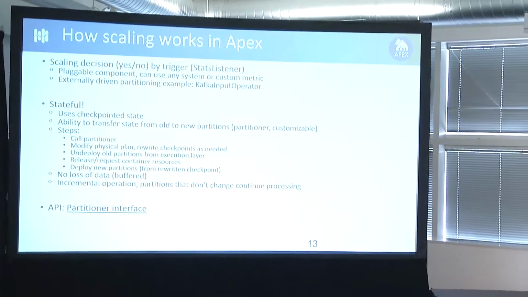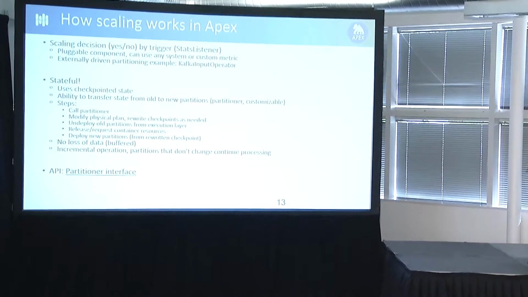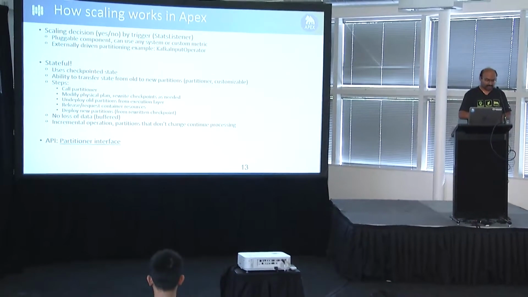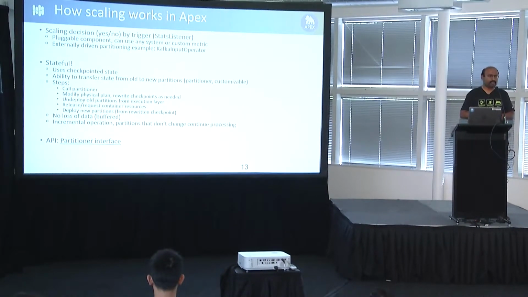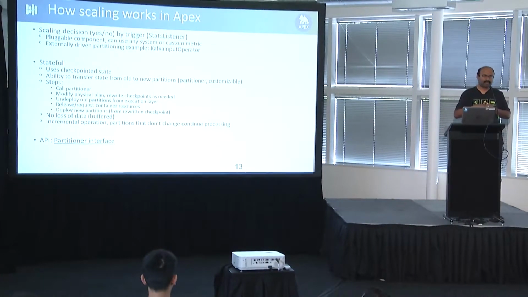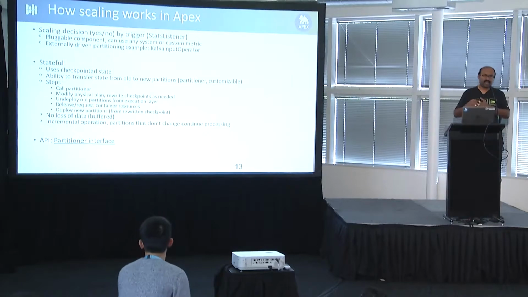Okay. So let's try to understand how scaling now works in Apex, right? First of all, the scaling itself is divided into 2 pieces, and the user has total control over both. There is the when to scale, and then there is the how to scale.